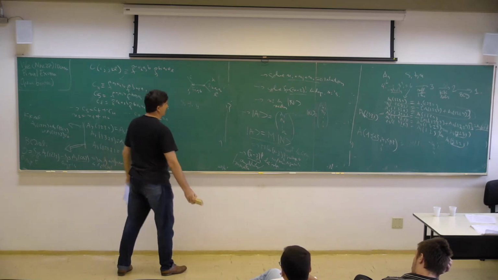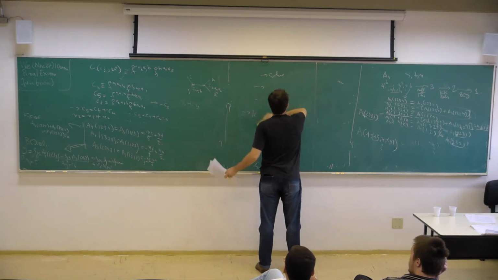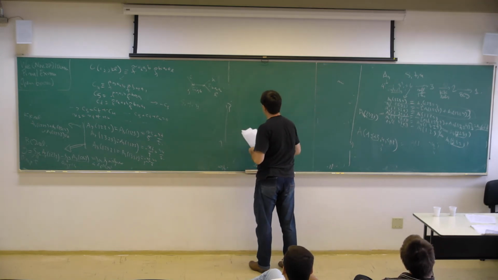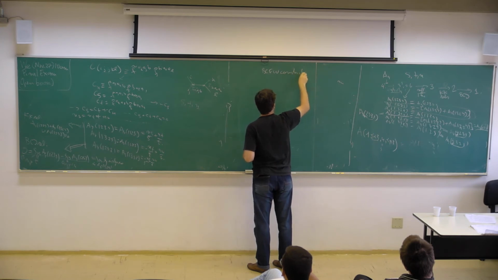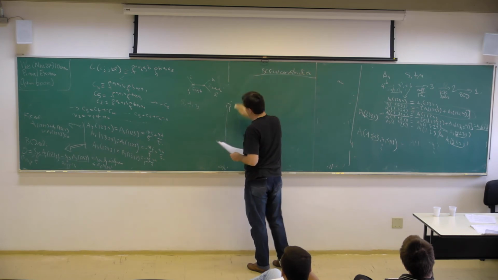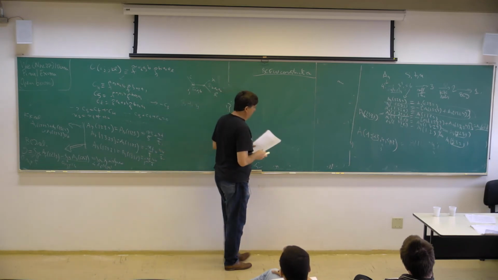So finally, let's go to the BCFW construction. That's Britto, Cachazo, Feng, and Witten.